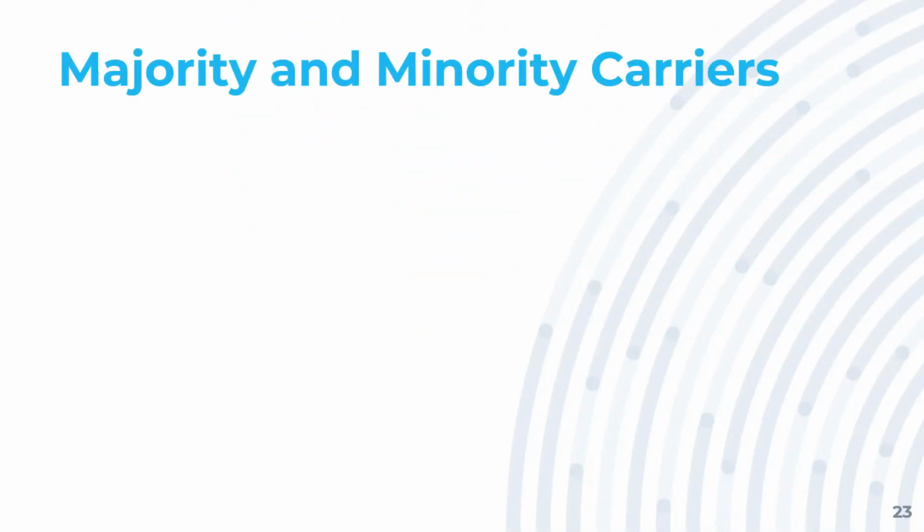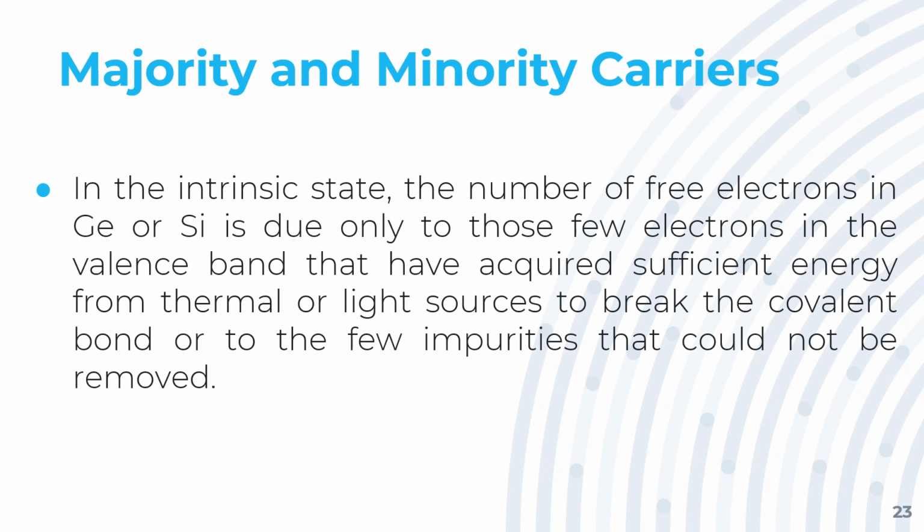Majority and minority carriers. In the intrinsic state, the number of free electrons in germanium or silicon is due only to those few electrons in the valence band that have acquired sufficient energy from thermal or light sources to break the covalent bond or to the few impurities that could not be removed.